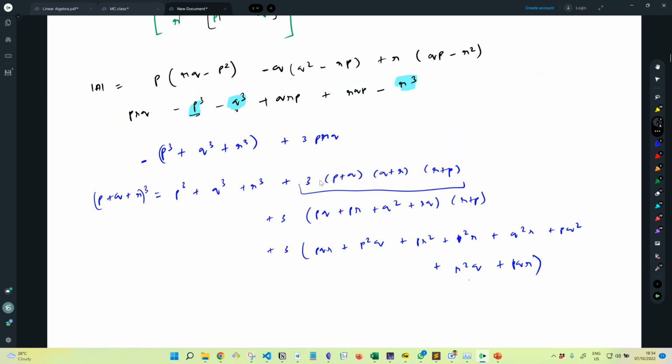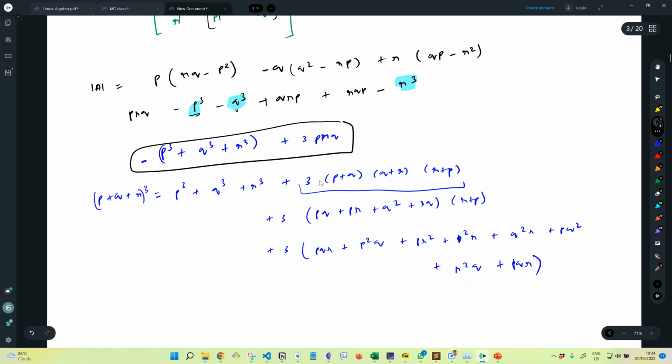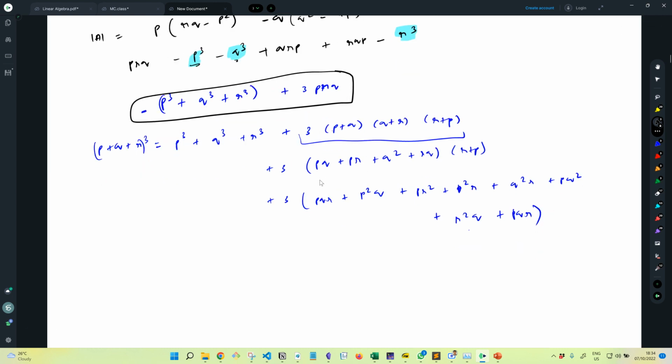So we have an expression, the determinant of A equals this quantity, right? Which means I can substitute. Let me take this quantity to the LHS.